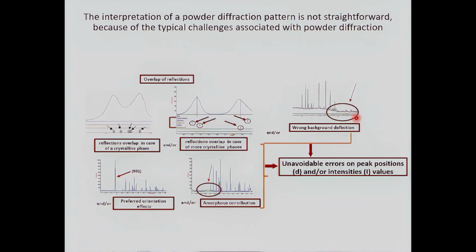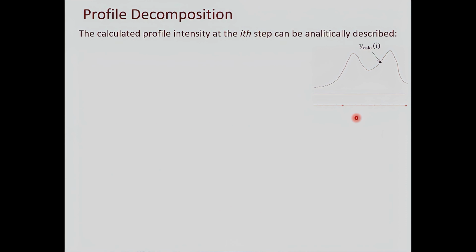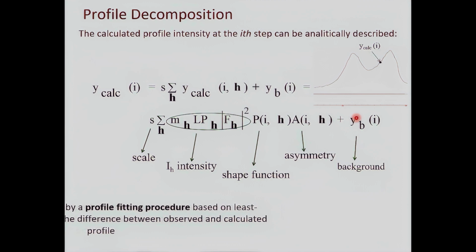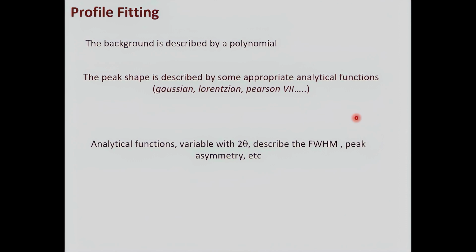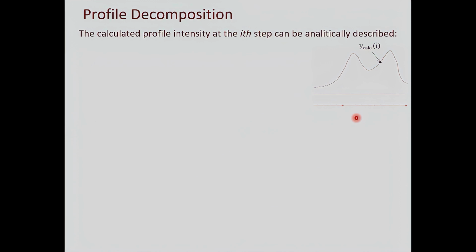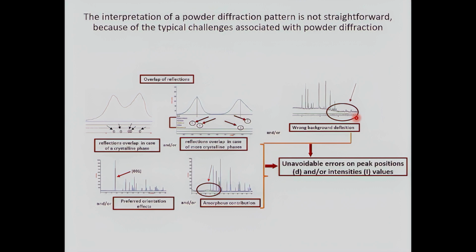Also, as I said, powder is ideal. Powder is constituted by randomly oriented crystallites, but in many cases in real samples, a part of these crystallites prefer a direction. They are aligned in one direction, not randomly oriented.